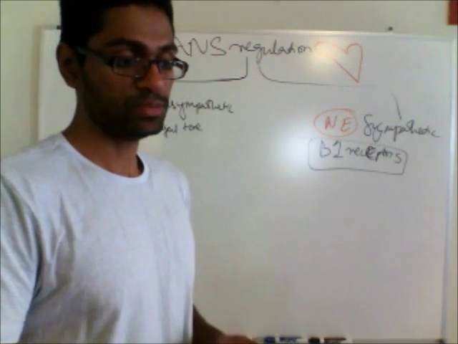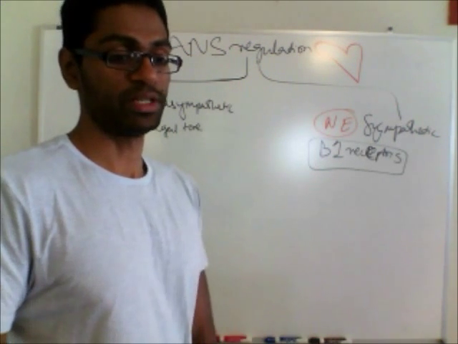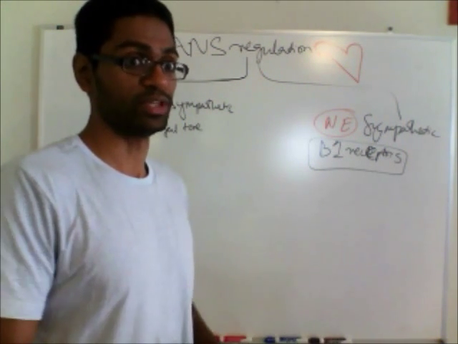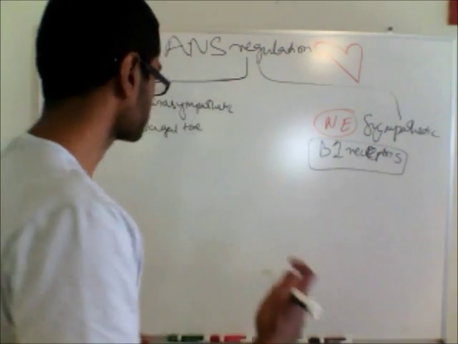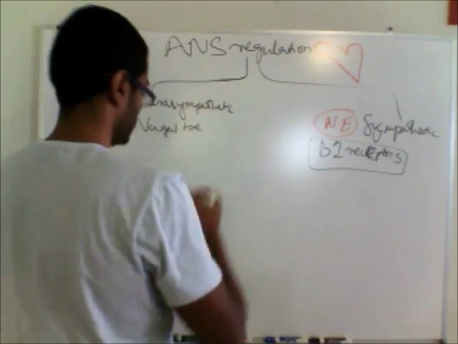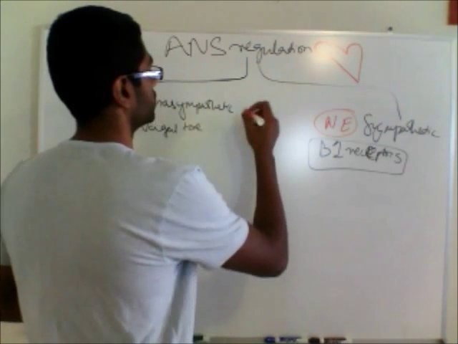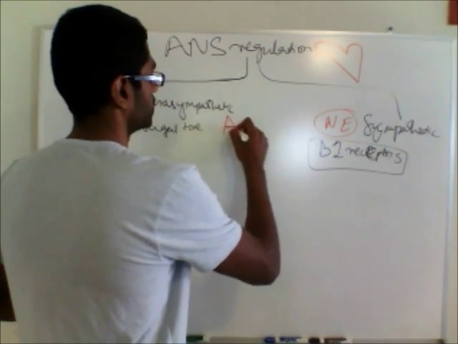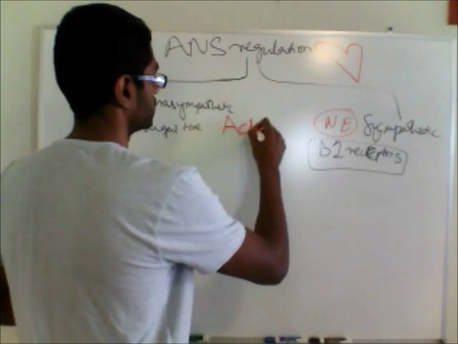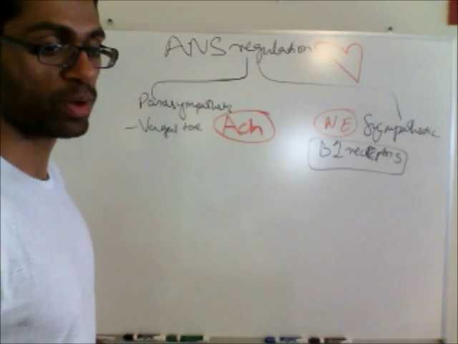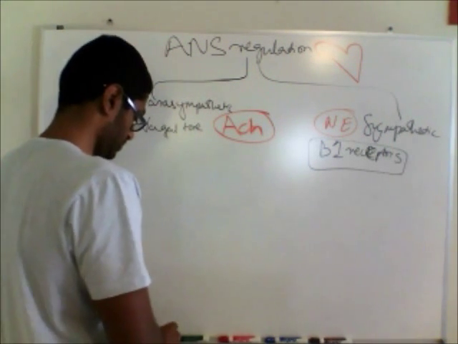Okay. So now the vagus mainly innervates the SA node and the AV node. It goes directly to the SA and the AV node. And what kind of neurotransmitter does it output? Acetylcholine. Exactly, acetylcholine. And what are the receptors that it binds to?